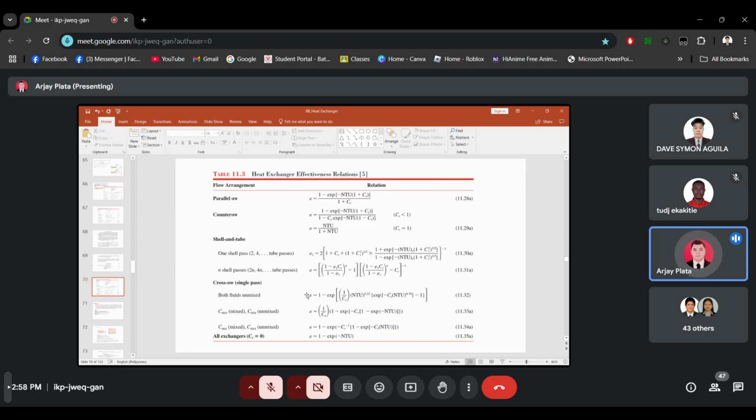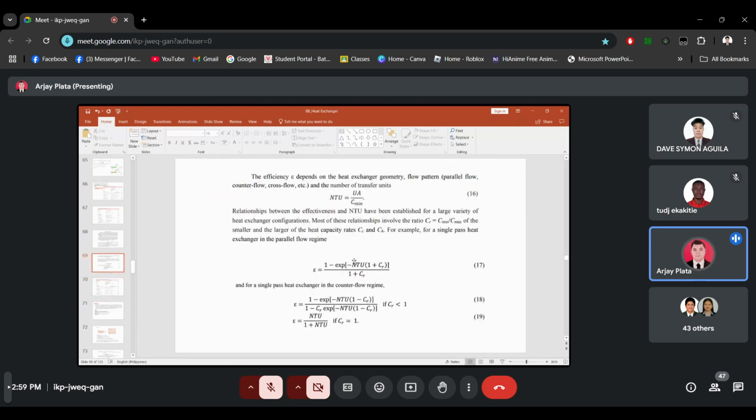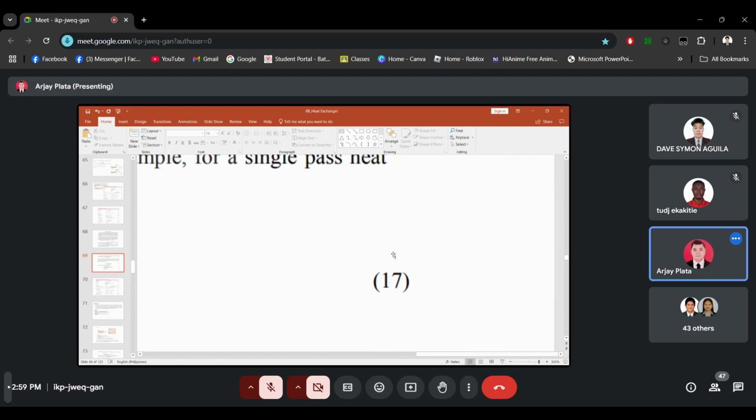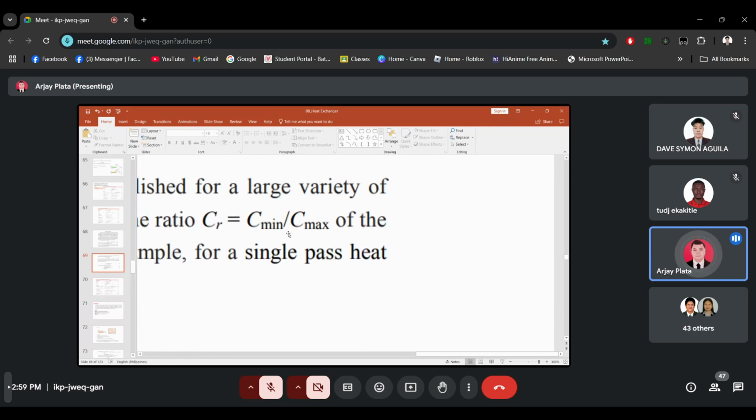So we have NTU, we already know the NTU. How about the CR, or what is CR? It is the ratio of C minimum versus C maximum, C min over C max.